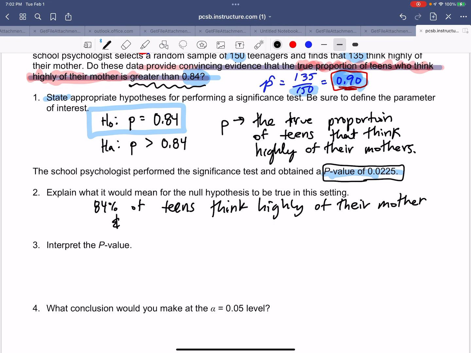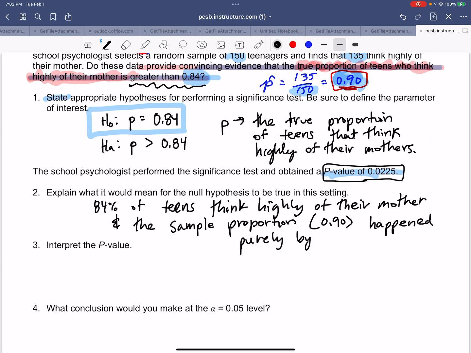And essentially, the sample, we just took a single sample size of 150, the sample proportion, which was 0.9, happened purely by chance. And essentially, that's what our calculator is telling us. That absolutely could happen by chance, and it would happen by chance about 2.25% of the time. That's a pretty rare outcome.